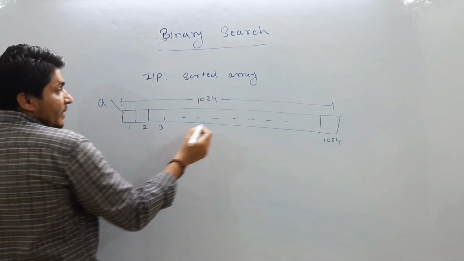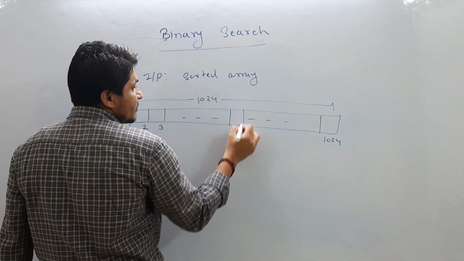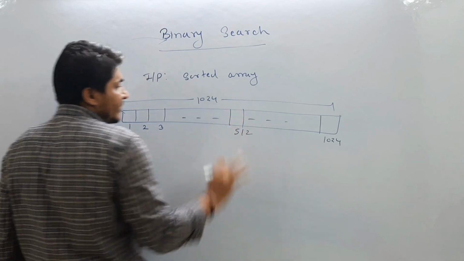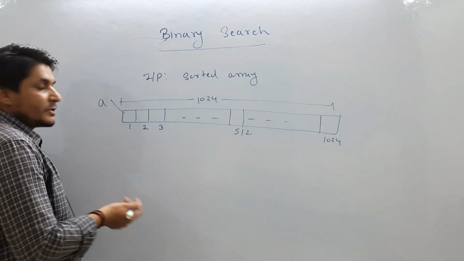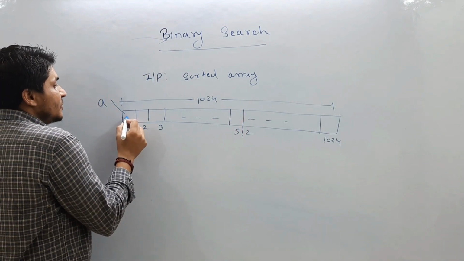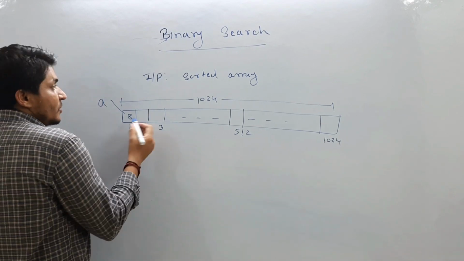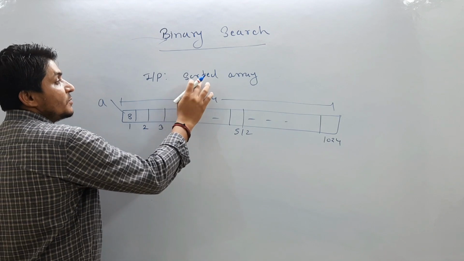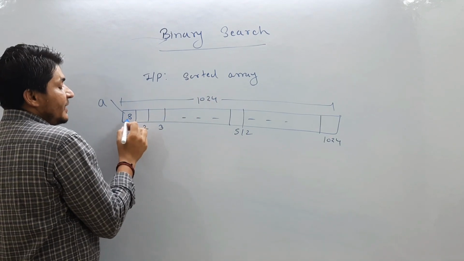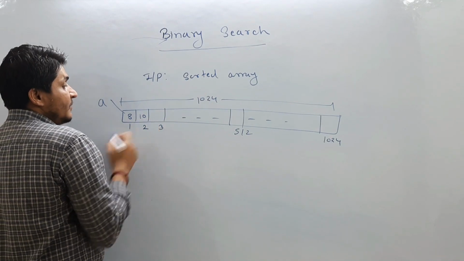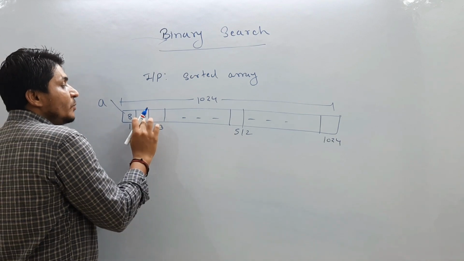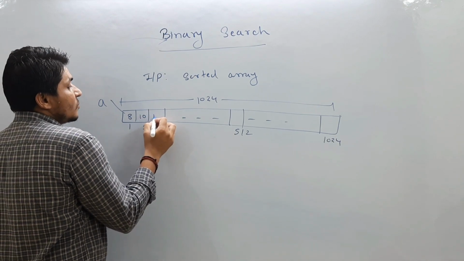Now see, let me give some other index number also. Let's suppose this is 512. Okay, so let us store some values in this array also. Let's suppose this is 8, so the next could be more than 8, because the array has to be sorted. If you have taken 8, then it could be 10. If I have taken 10, it could be greater than 10, so let's suppose it is 12.